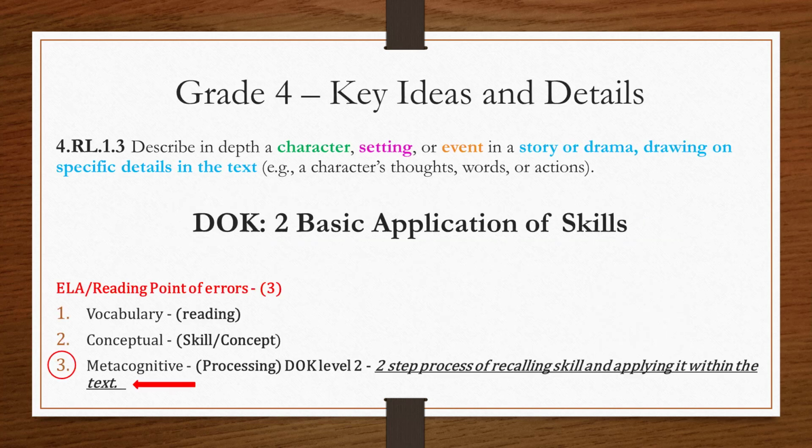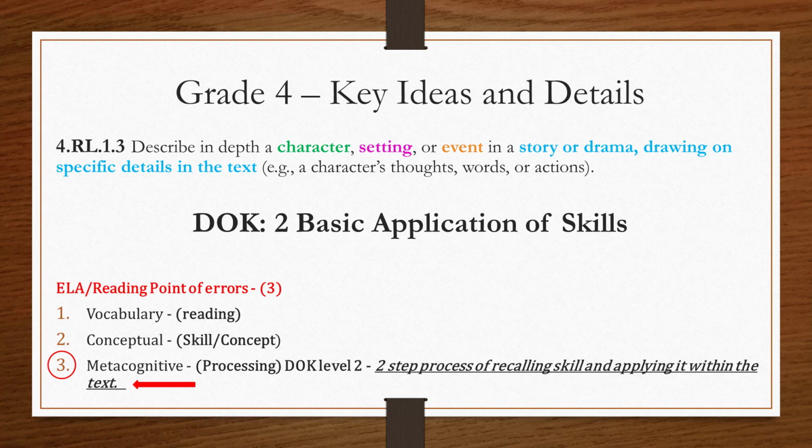Here is an example using a 4th grade ELA standard within the key ideas and details reporting category at the DOK 2 level. As we unpack this standard, it reflects the reading literature cluster that requires the student to determine in depth a character, the setting or event in a story or drama, drawing on specific details in the text.